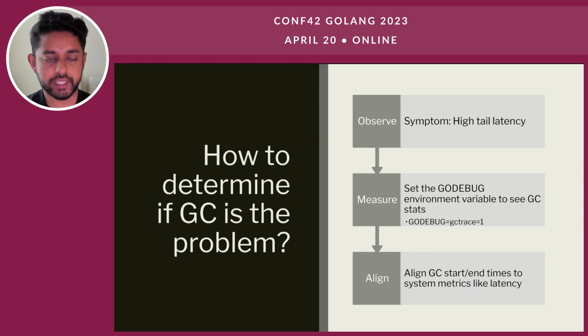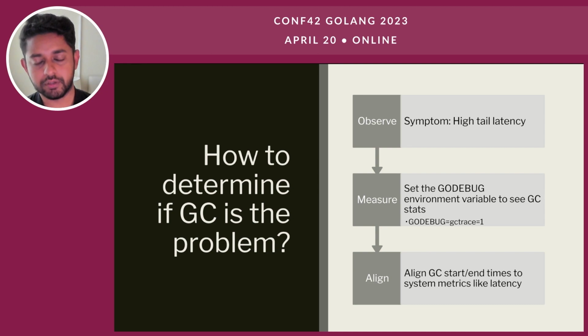We often talk about latency as percentiles, so high tail latency here might refer to really high values for P99 latency or even P90 latency. Typically for GC, what we've seen is that P99 latency is what really gets affected, because of the infrequency of the garbage collector running, it only really affects that last 1% of requests.